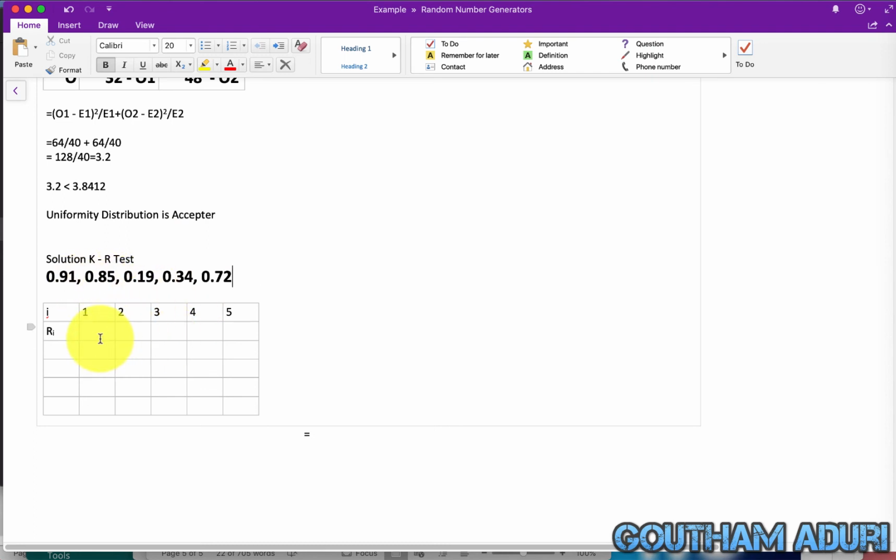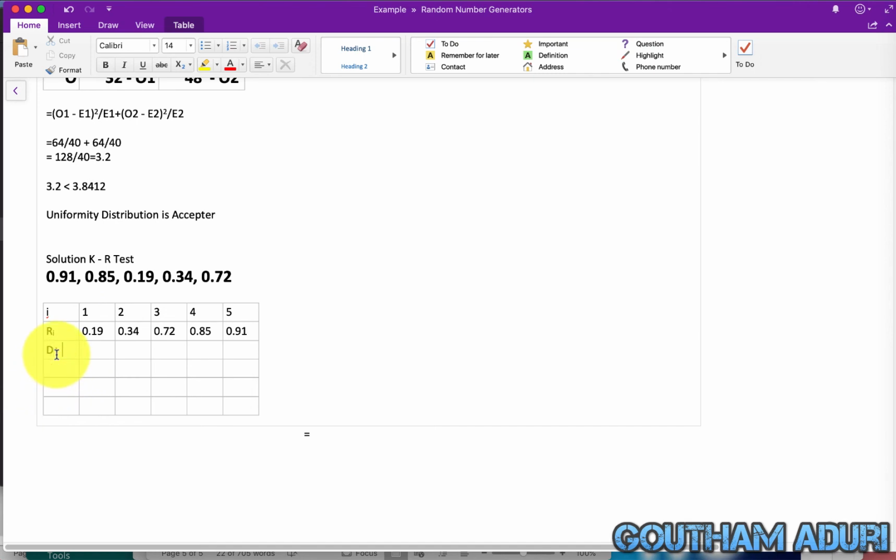The lowest number is 0.19. Next 0.34. Next 0.72. Next 0.85. Next 0.91.